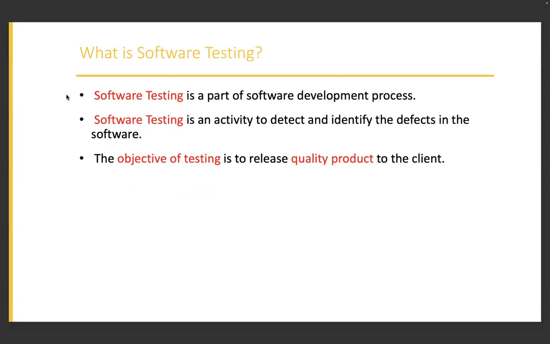Next, what is software testing then? Software testing is an important process of identifying defects, issues, and bugs, which will obviously be part of your software. The objective of software testing is to make sure that a quality product is released to the client. When I say quality product, guys, you can consider various applications which are present right now, such as Zoom, which we are using.